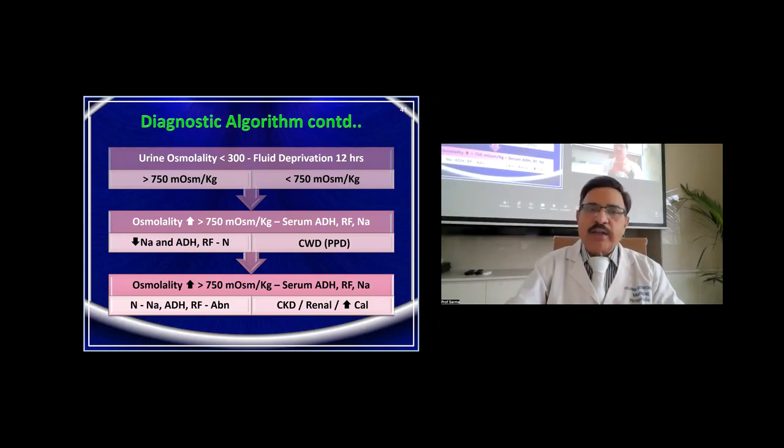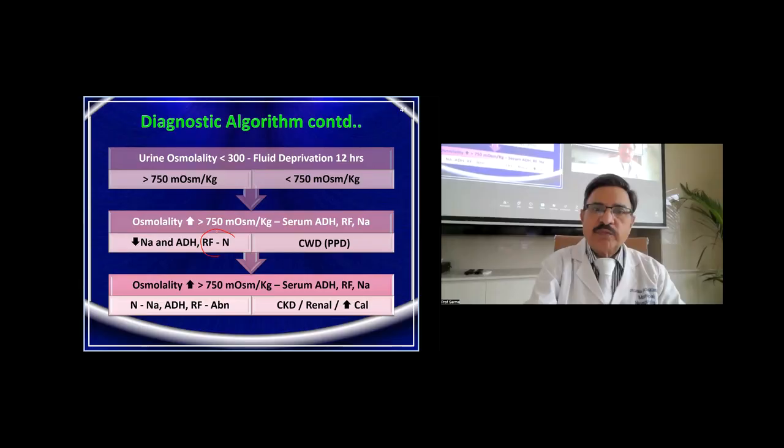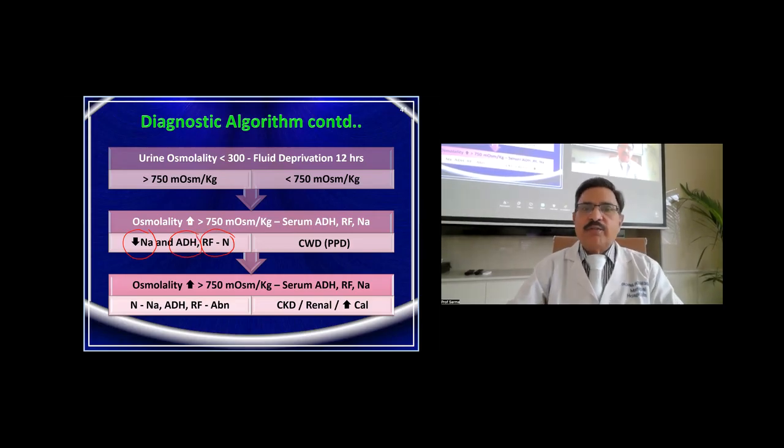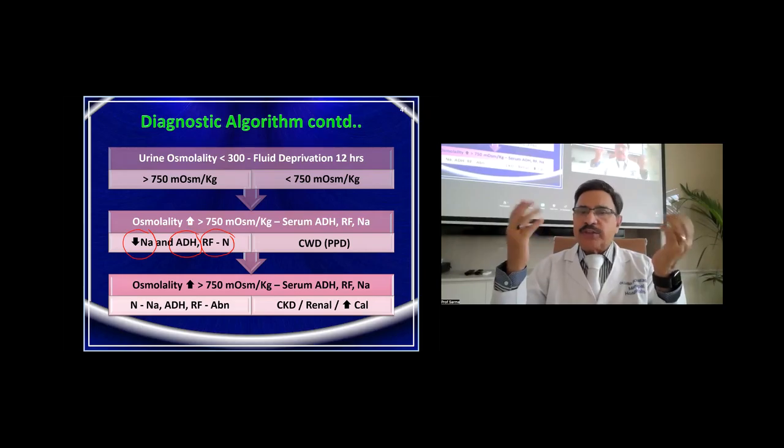Let us say the renal function is normal, serum sodium is decreased and ADH also is decreased, then we are dealing with compulsive water drinking or primary polydipsic diabetes. Why? In compulsive water drinking, he is excessively drinking water, either psychogenic or due to brain infections or anything.